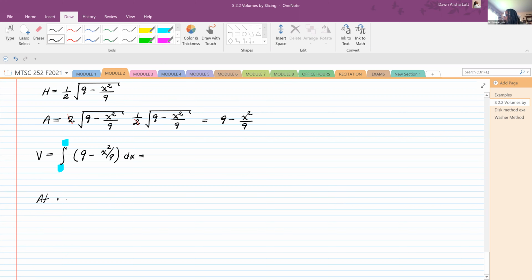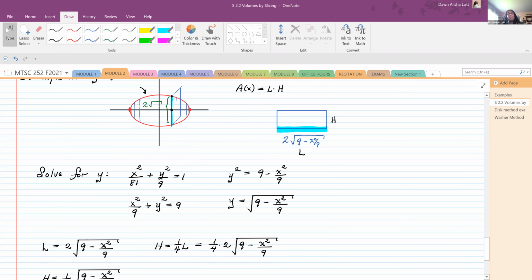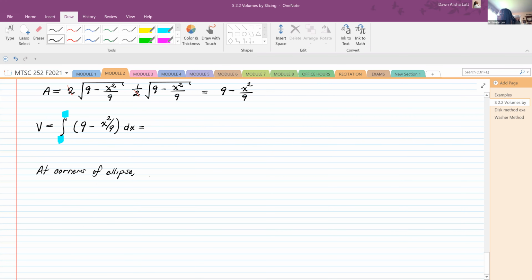At the corners of the ellipse, what do you know about y, guys? Is it 0? Yes, y is 0. So I have x squared over 81 plus y squared over 9 is equal to 1, and y is 0.